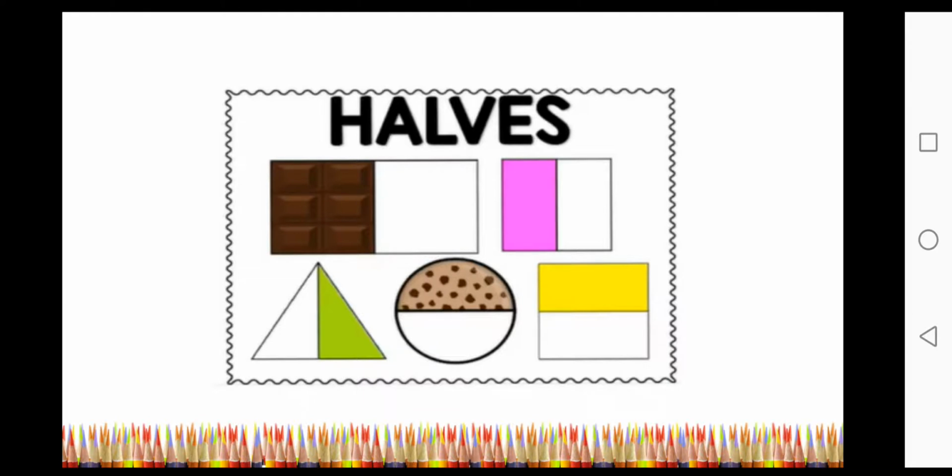So each of these shapes is divided into 2 parts, and the colored part is a half. Okay?